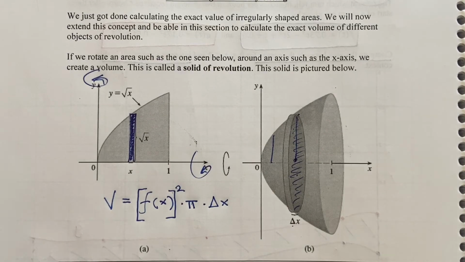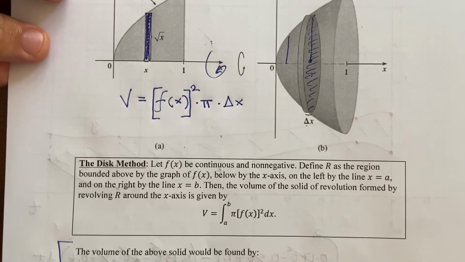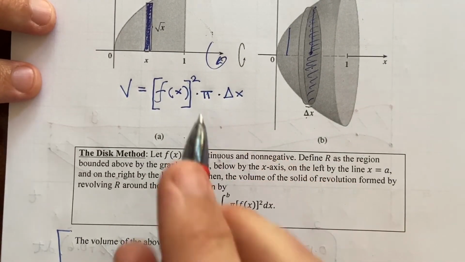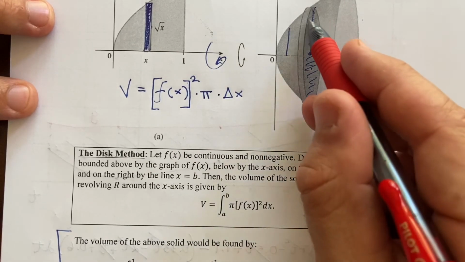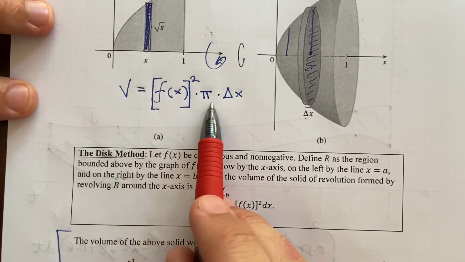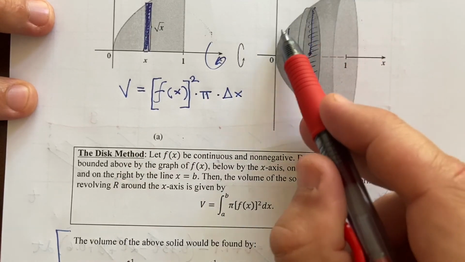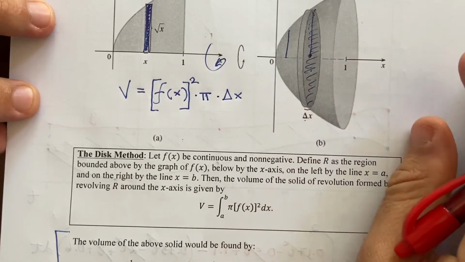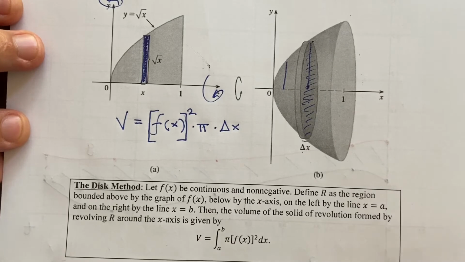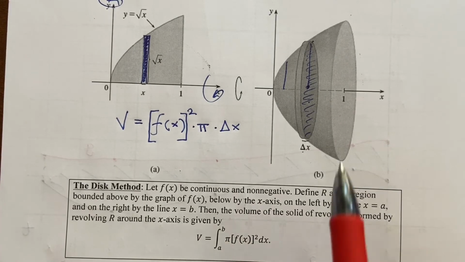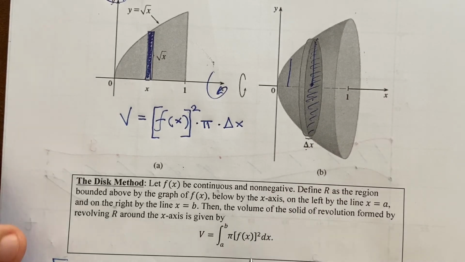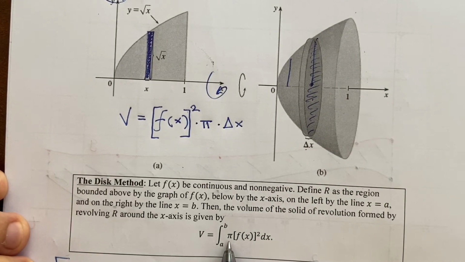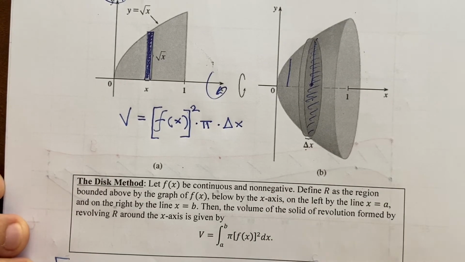In the integral, notice what we have. The volume of that disk is given by this, but the volume of the actual shape that we cared about would require an integration from 0 to 1 over the function squared times pi times dx.